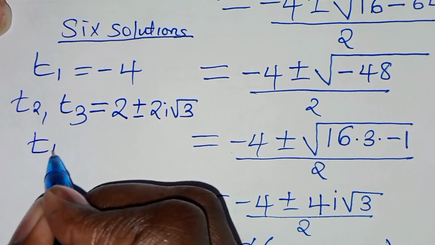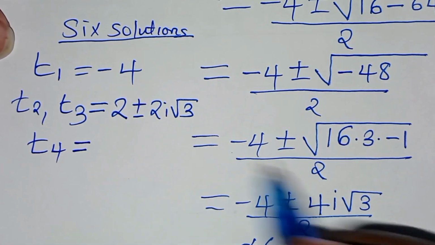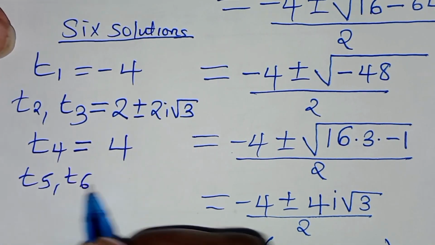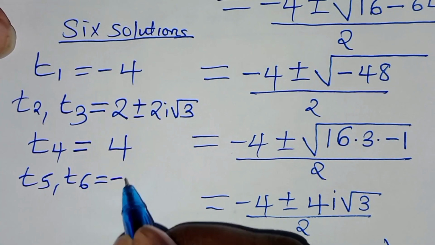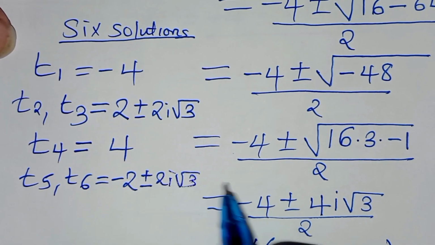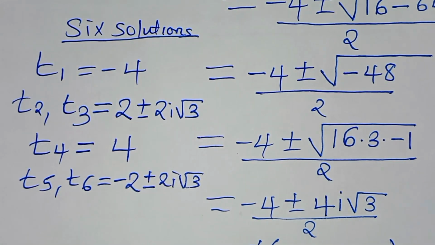And we have that t4 is equal to 4. And t5, t6, this is equal to minus 2 plus or minus 2i square root of 3. These are the 6 solutions to this exponential problem.